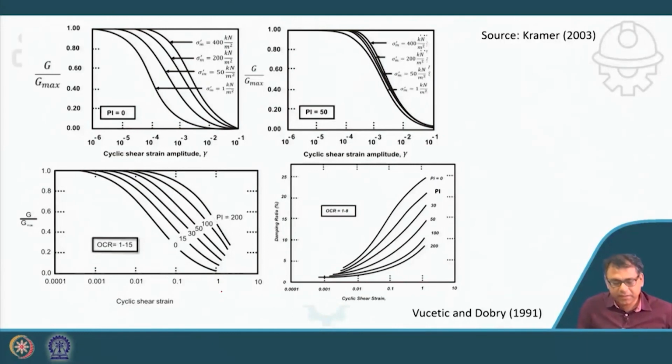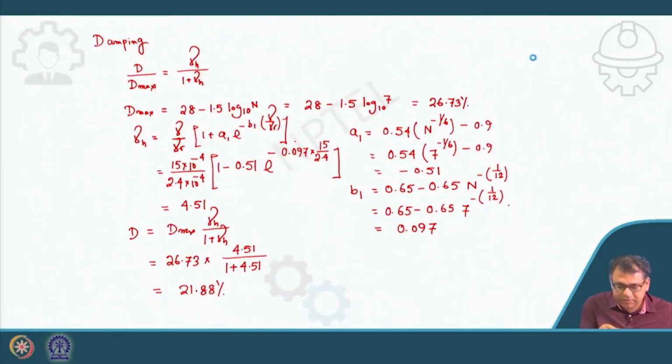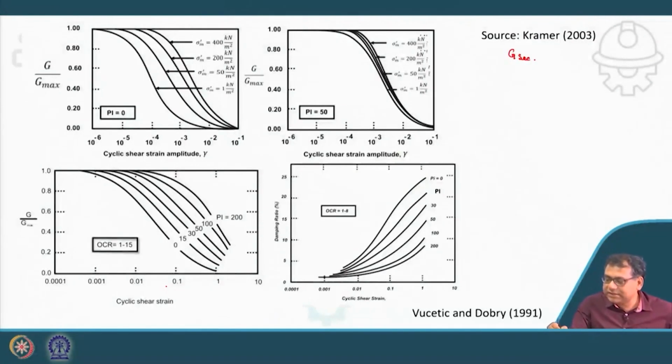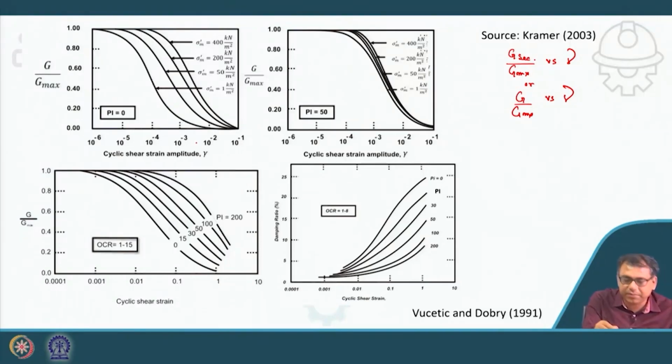So now this is the expression. Now I will give you the curve. So now if we can determine that G sec. Okay, so this G I am talking about, all these G are G sec, because this is an equivalent linear model. So now if I draw G sec by G max versus shear strain, or I should say G by G max versus shear strain, then I will get this type of curve.